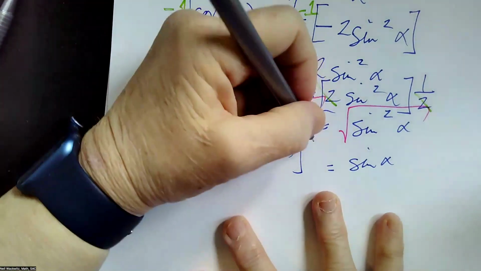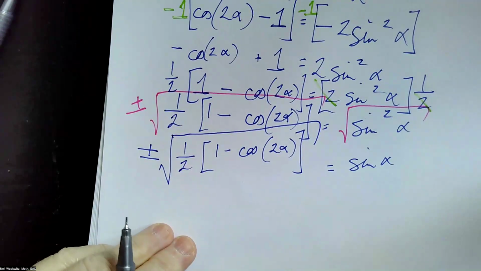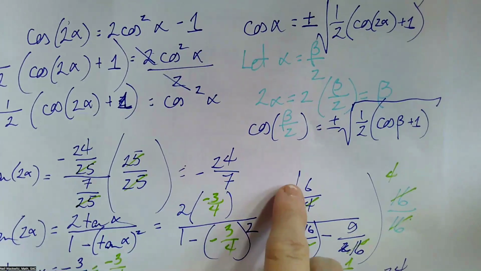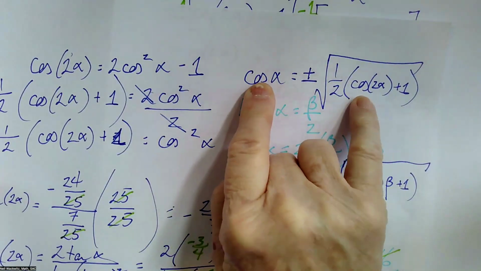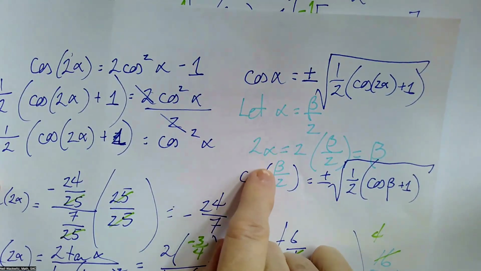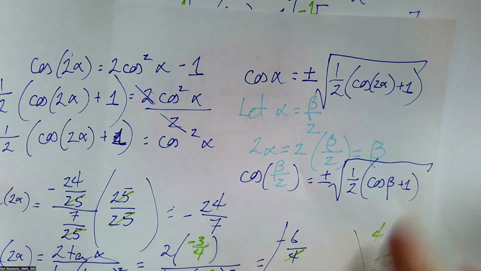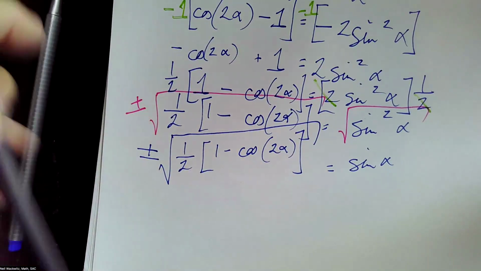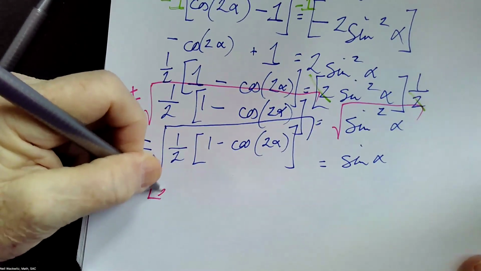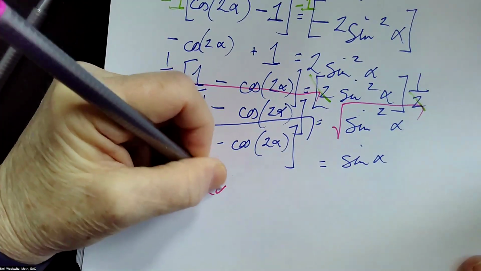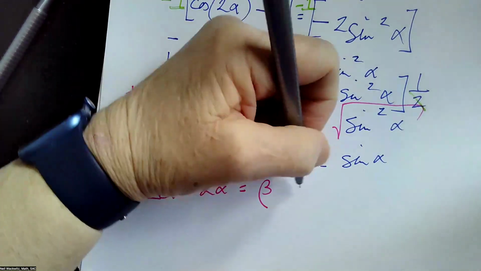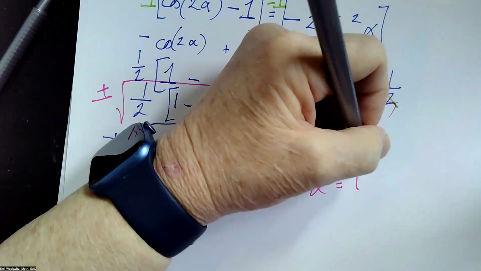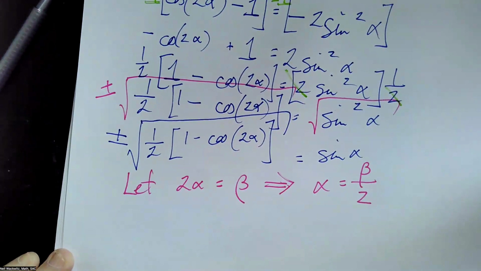But just like before, we were trying to get to the half angle formula. So we had cosine alpha before. We wanted cosine of beta over 2, or a half angle. So we're going to do that same thing. We're going to let 2 alpha equal beta, which means that alpha is beta over 2.